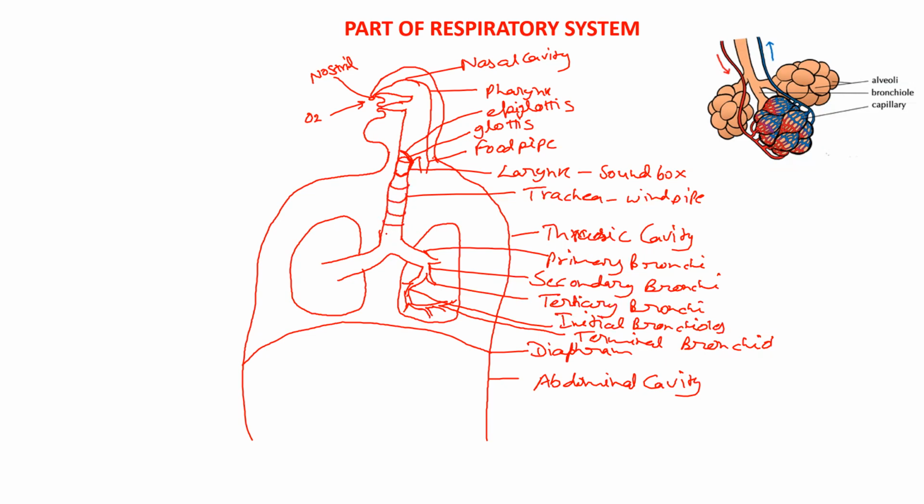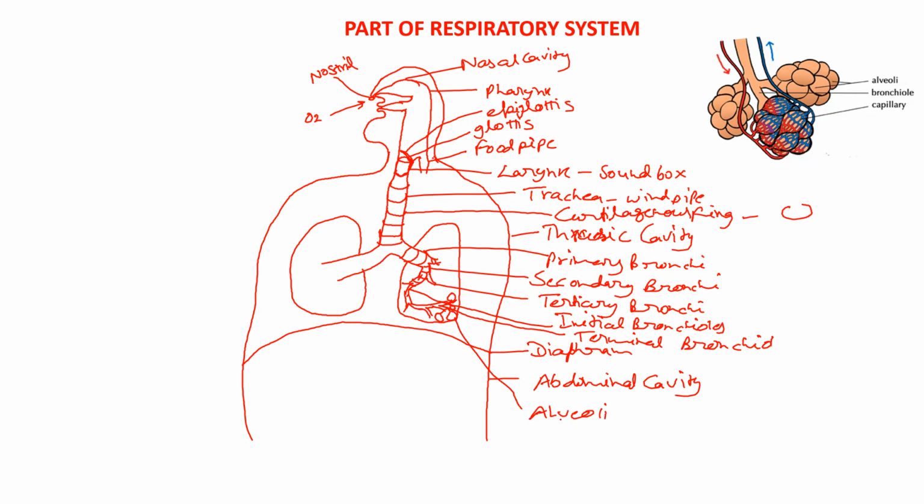Here are these rings. So these are called cartilaginous rings. And these rings are incomplete. These are C-shaped. Now, at the end of the terminal bronchiole, many vascular bag-like structures are formed. These are called alveoli.